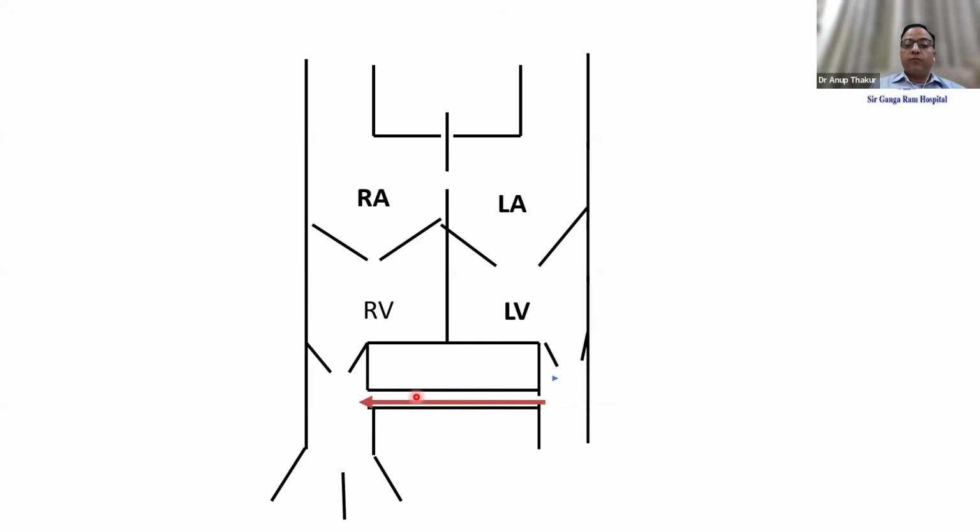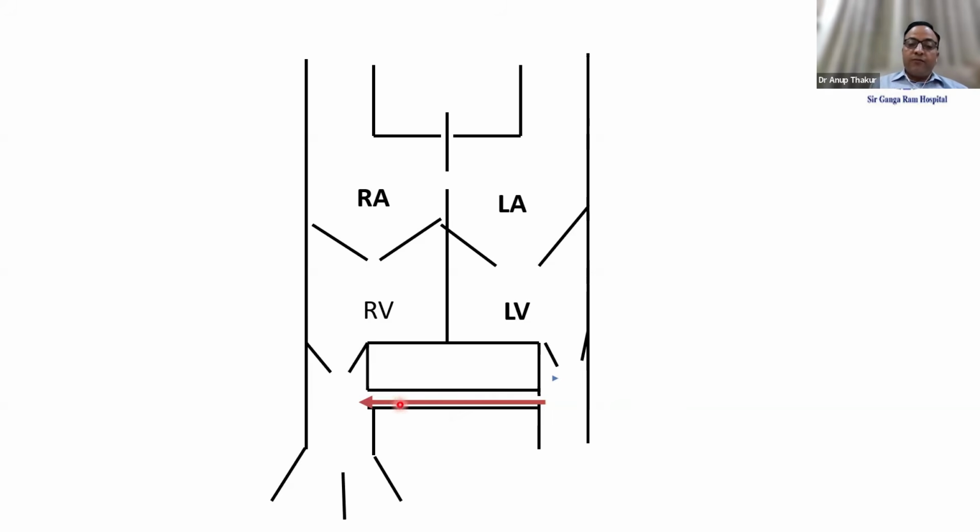A large duct will have a nice laminar flow with an orange, reddish color. A duct which is constricting will have a more speckled color. A duct which is shunting right to left will be more of a bluish color. So color can give you an idea about the direction of flow, and it can also tell you whether it is a large duct or a restrictive duct.